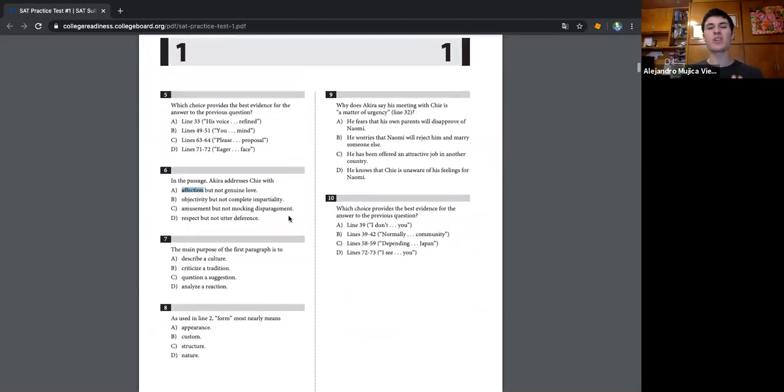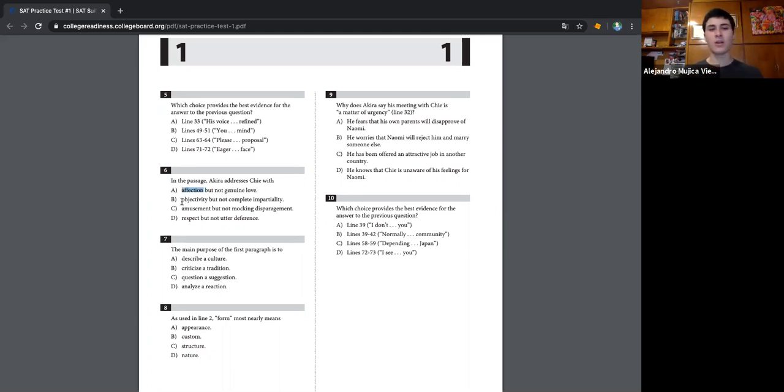So he's not really showing that much emotion, much less love, but he's not really being affectionate. They're strangers, right? He doesn't know her. It's the first time that Chie sees this guy. So he's definitely not using informal language with her at all. He's treating it as a formal matter. There's protocol, there's tradition, that kind of thing.